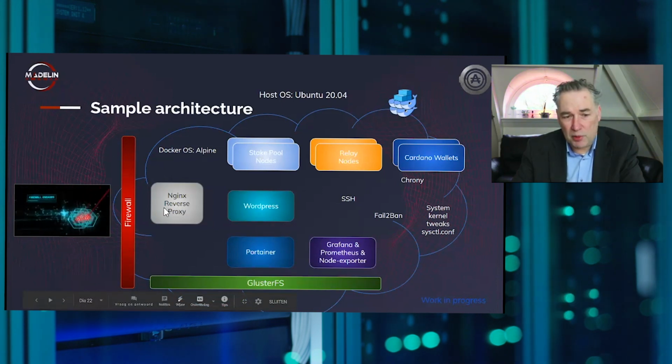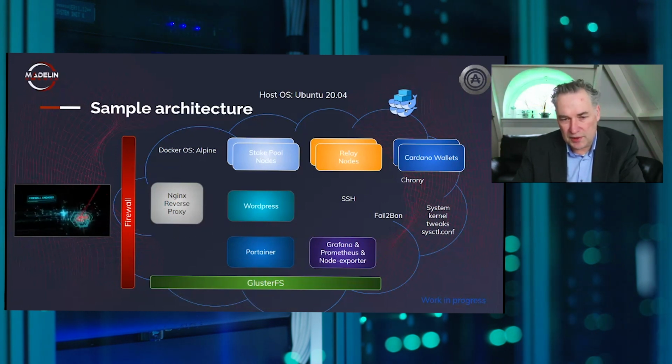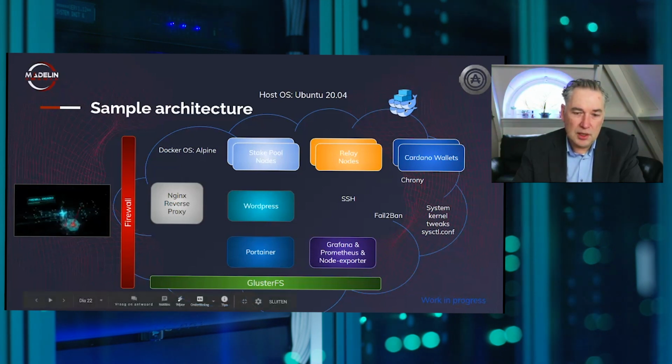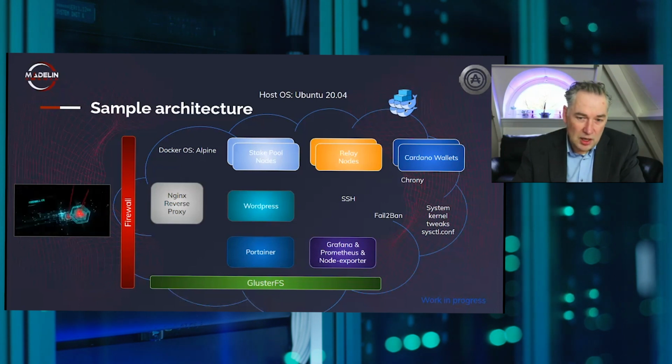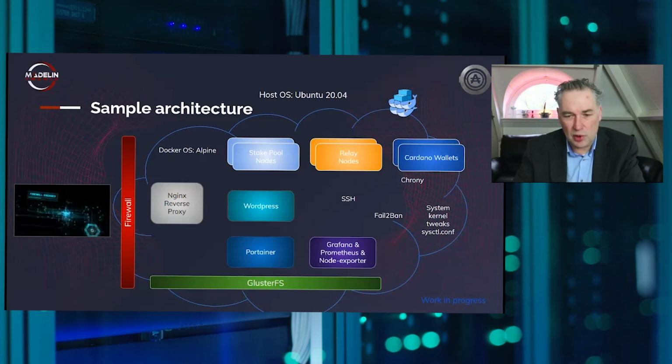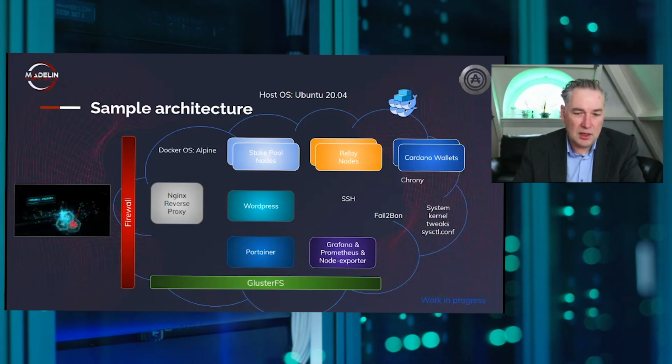Basically a firewall in place, you have a reverse proxy in place, you have the stake pools, you have the relay nodes, you have your wallets. You need to install software to synchronize your clock so that on all the nodes the same clock is available. You need tools to set up and protect ports from being hacked.